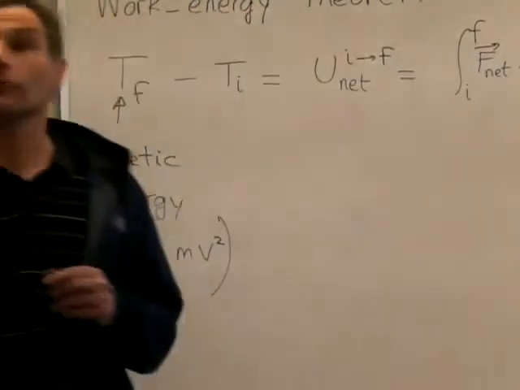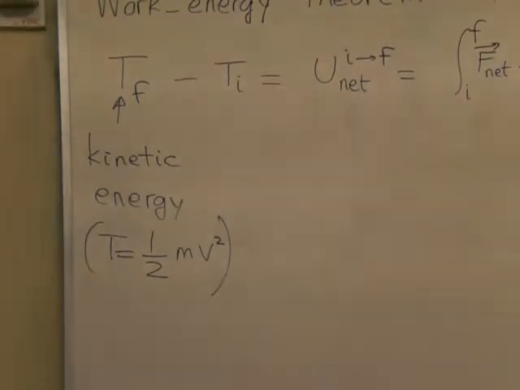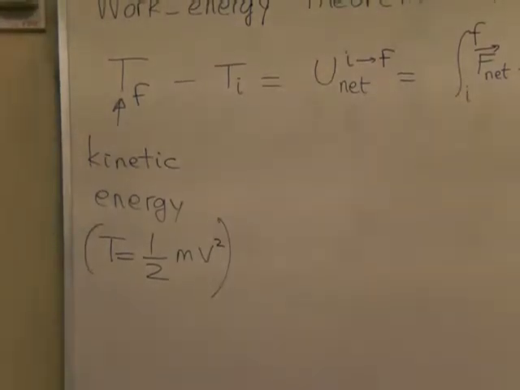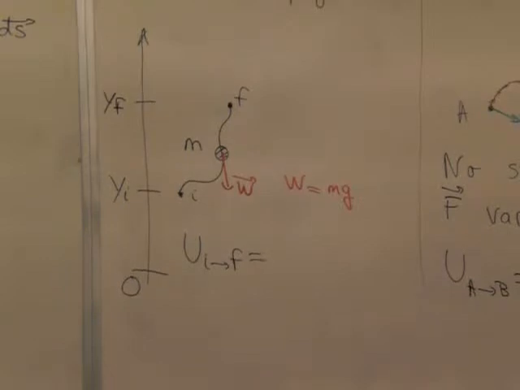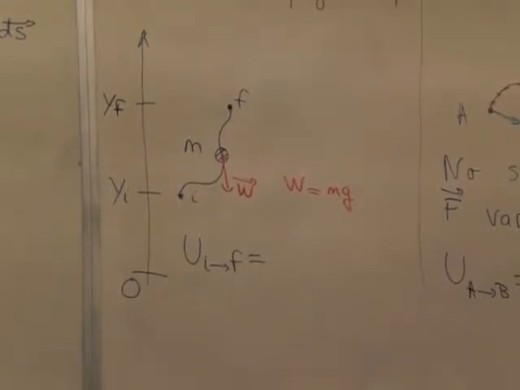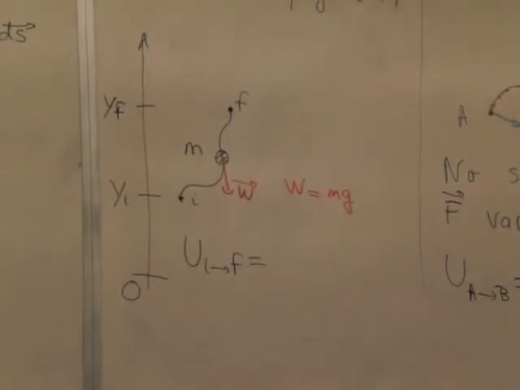So it's not the net work, because of course the object would not go up just because of W. Well, if you wanted to use that, but here I'm just talking about the general formulas to compute the work.